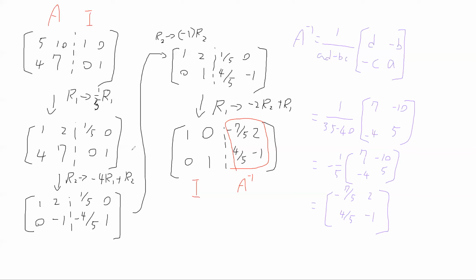But for now, we're just going to stick to 2 by 2s and 3 by 3s, right? But make sure you know how to find the inverse using this process right here. But of course, for 2 by 2, you can always do it with the formula, okay?